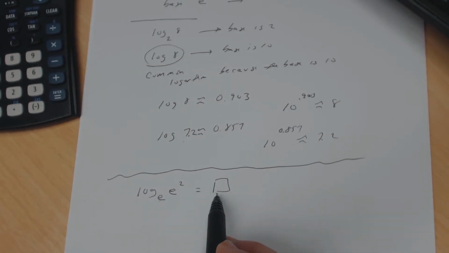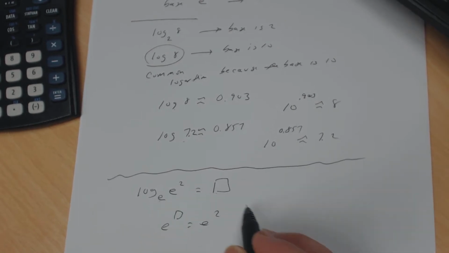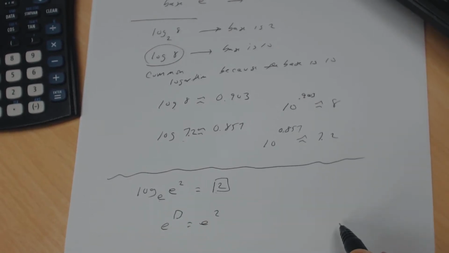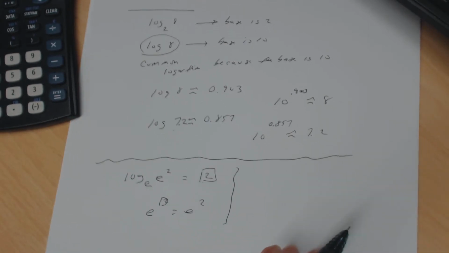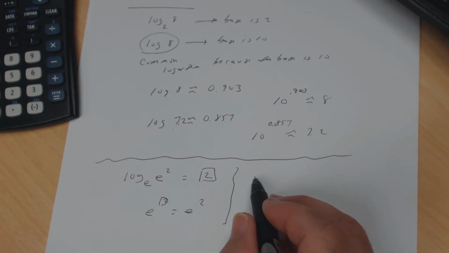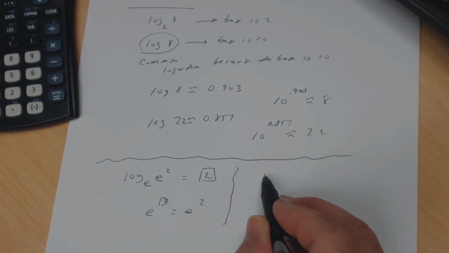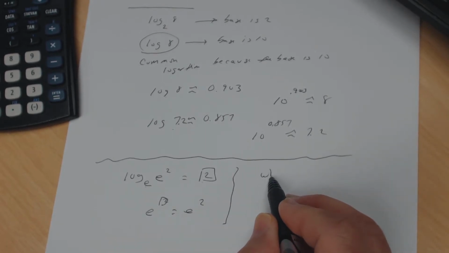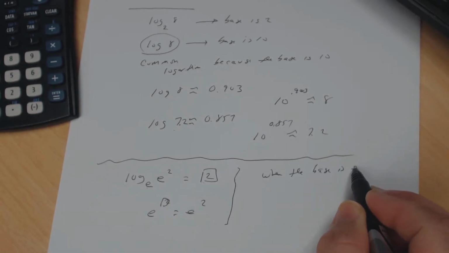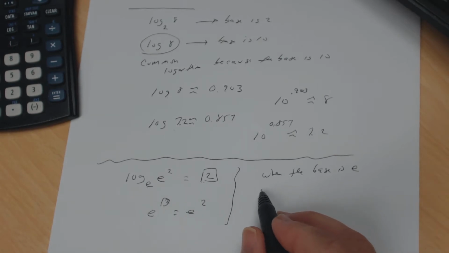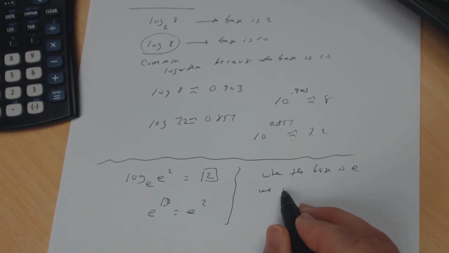So you said E to what power is the argument, E squared. And so you said the answer was 2. Okay? Now, you see the base is E. So when the base is E, we are dealing with natural logarithms.